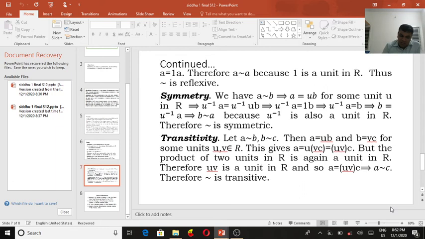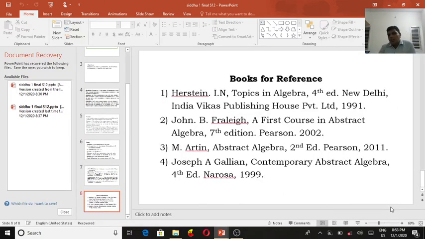Substituting B equals V C, A equals U V C. U is a unit, V is a unit, and a unit times a unit is a unit. So A equals P C, where P is a unit element. Thus A tilde C. So tilde is a transitive relation. This is a simple theorem, using association and divisibility. This is the association theorem.